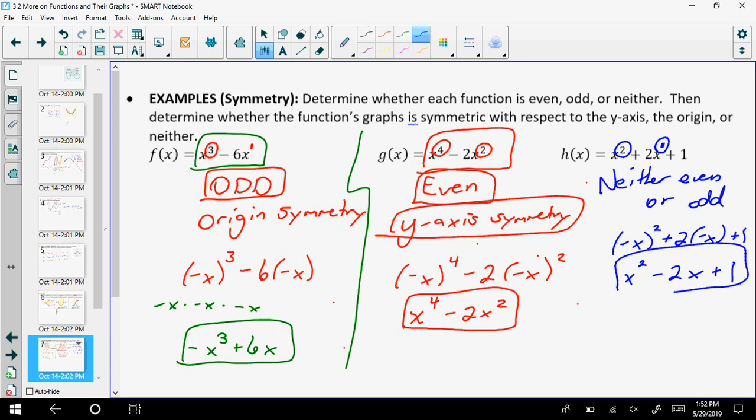If I compare this to the original, some things turned opposite, but not all of them. Because it didn't either all stay the same or all change, that's another indicator that this is neither even or odd. Again, these are pieces that down the road are going to help us make graphs a little quicker, knowing what kind of symmetry it has.